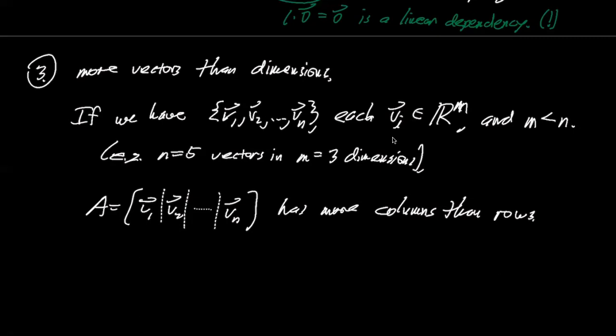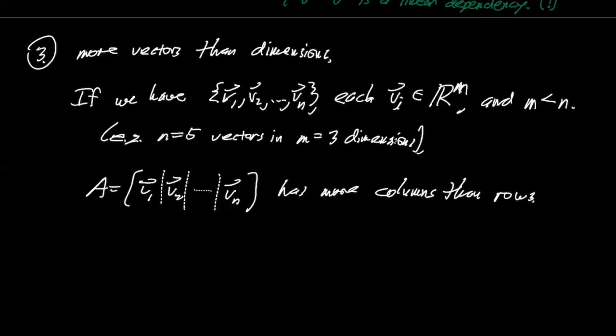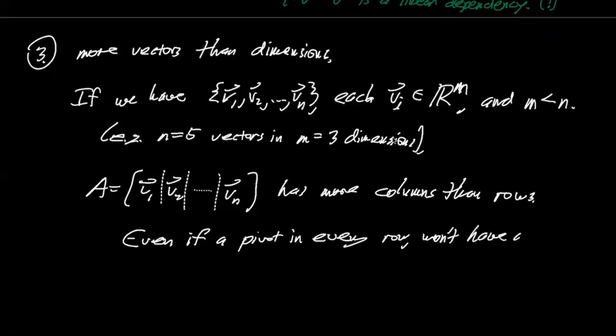So even if there's a pivot in every row, there will not be a pivot in every column. No matter what, we won't have a pivot in every column.